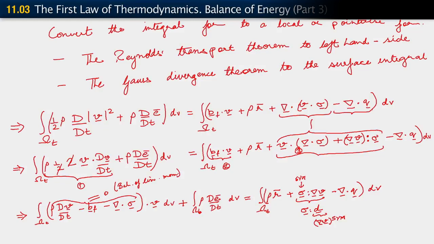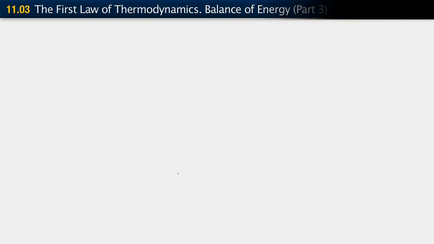So when we put these things together, for our first law of thermodynamics in a thermomechanical setting, what we see is that the rate of change of internal energy equals the rate of local heating, minus the divergence of the heat flux, plus the work done by the stresses.